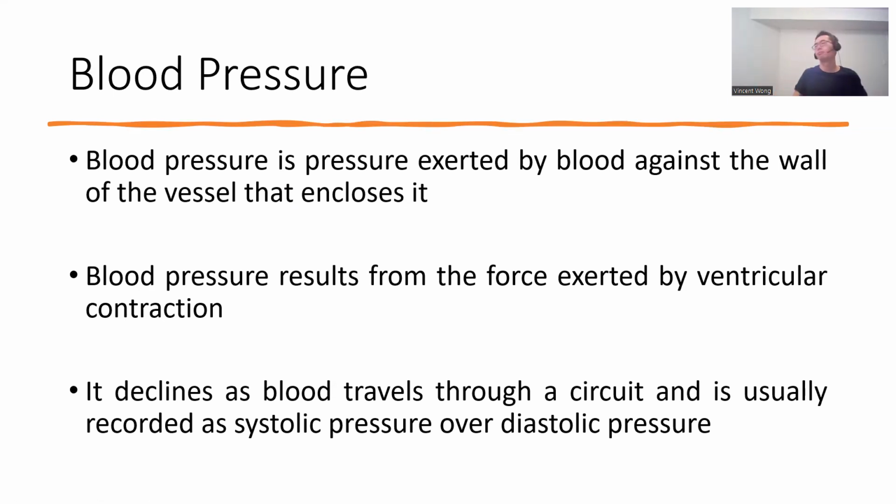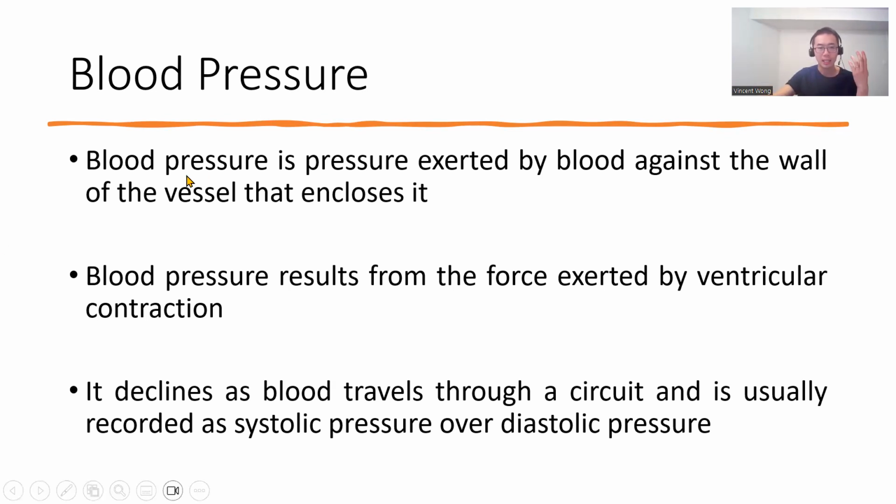Blood pressure. We have talked about blood pressure quite a bit up to this point, but what we're going to focus on is how the blood pressure changes as it goes through your circulation, as well as some of the factors that affect blood pressure. Most of the things in this slide we talked about already.